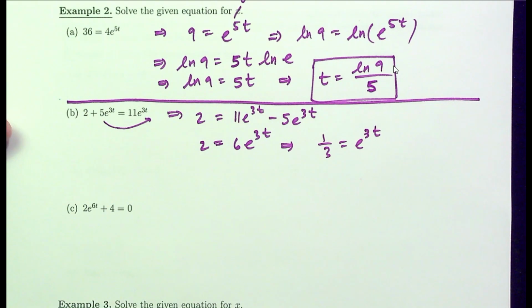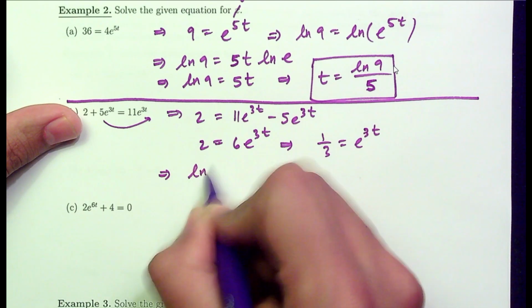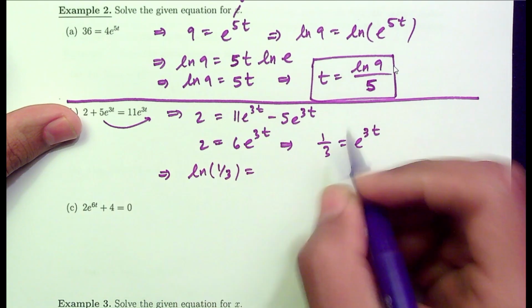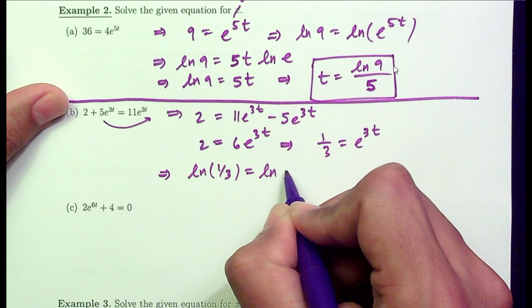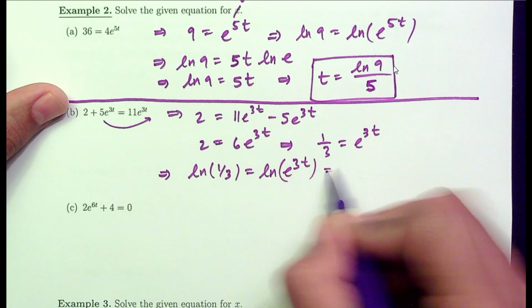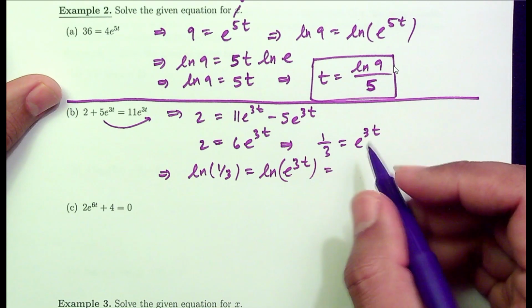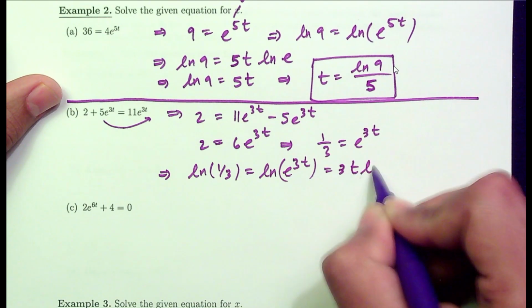And now you can take ln on both sides. So this is going to give us ln of a third equals ln of e to the 3t, which is equal to, you can move the 3t to the front, 3t ln of e.